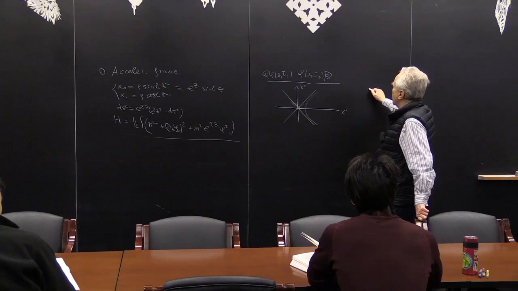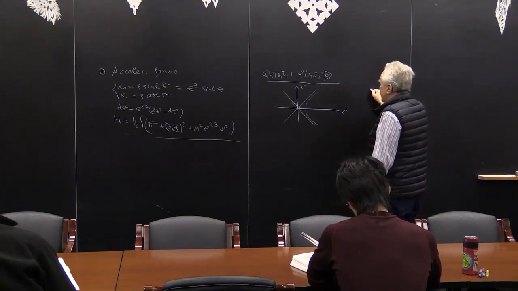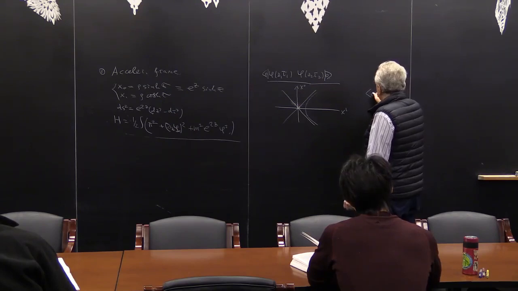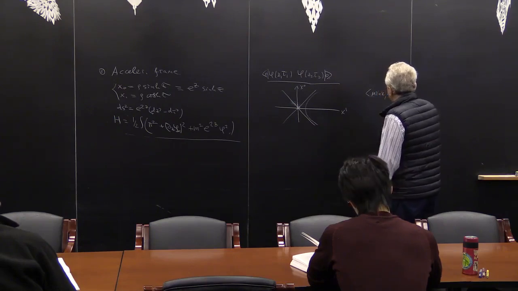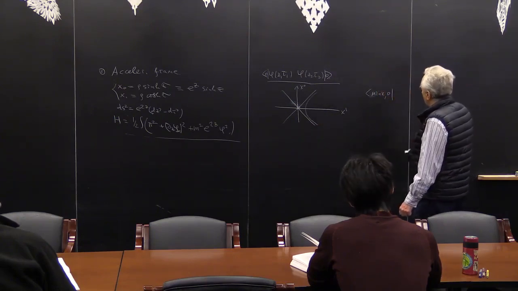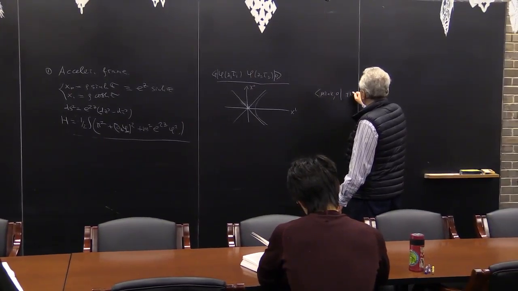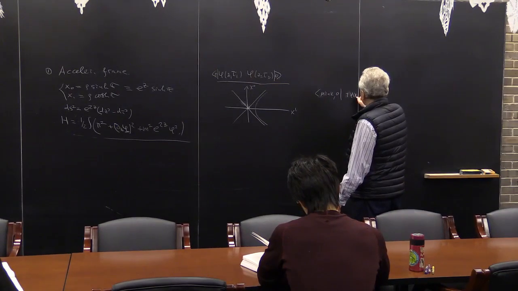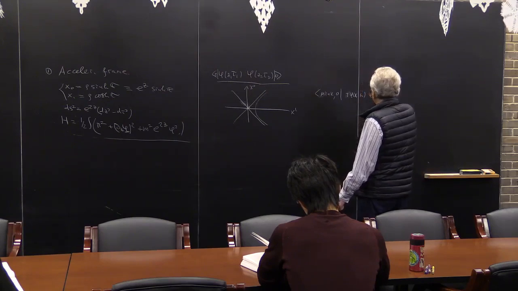Namely, the interesting identity is that for the Minkowski ground state, we can take the T product of phi(Z1, T1), phi(Z2, T2).